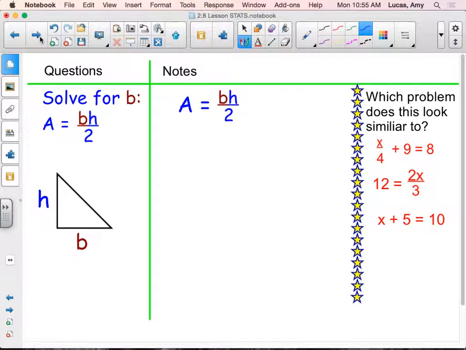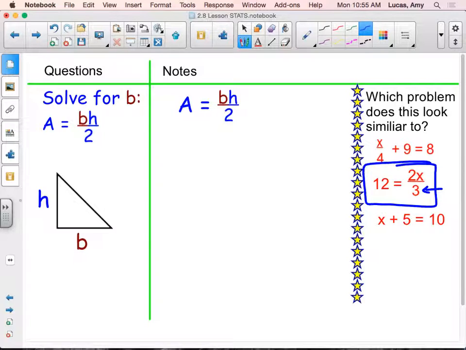Next up, there are two different ways you could solve this area formula for the area of a triangle. I am going to look at this equation, 12 equals 2x divided by 3, and I'm going to remind you that you can solve it in two steps, which would mean multiplying by the 3 first, then dividing by the 2, or in one step you can solve it multiplying by the reciprocal.